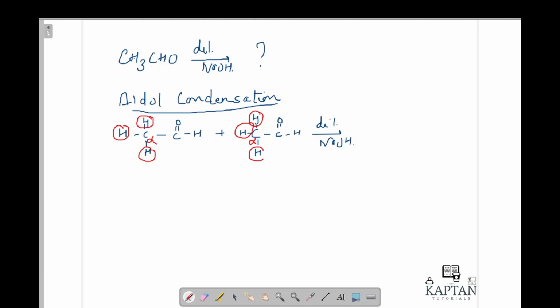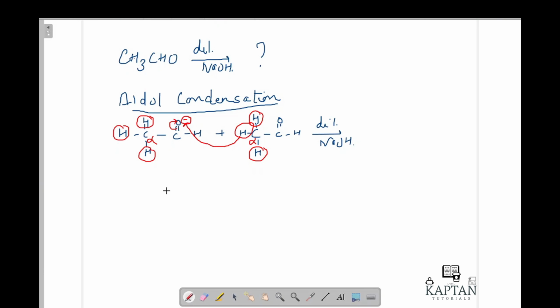Now, the aldol reaction is carried out where there is a presence of alpha hydrogen. So what will happen in this? This O, because it is a carbonyl group, is more electronegative. It will pull the electrons towards itself, because of which the oxygen will become negative in nature, and one of the alpha hydrogens will attack the oxygen.